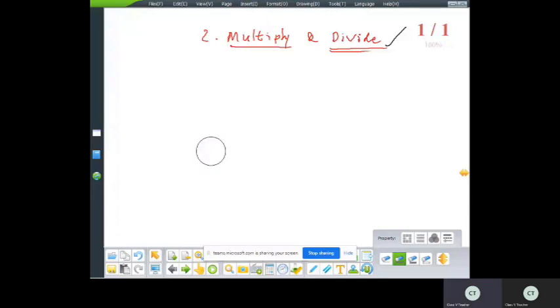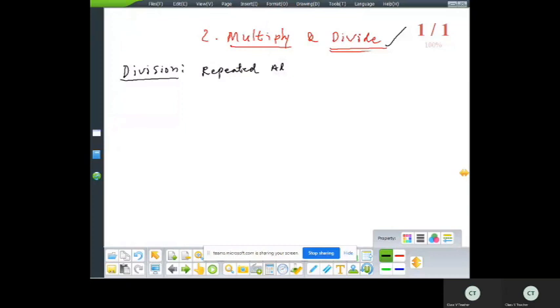Now division. Division means repeated subtraction.